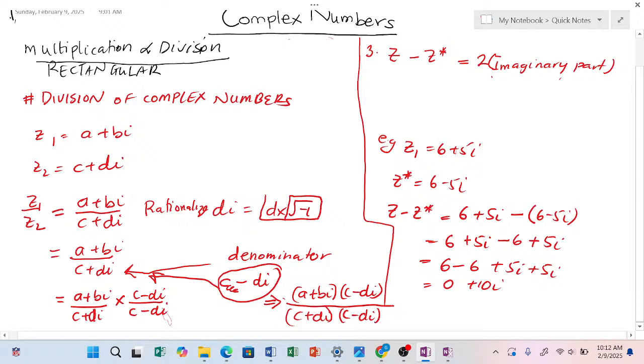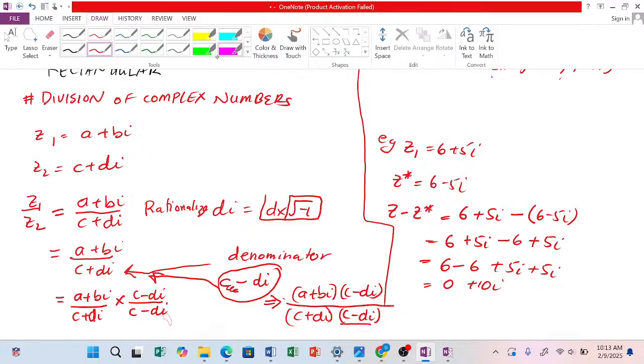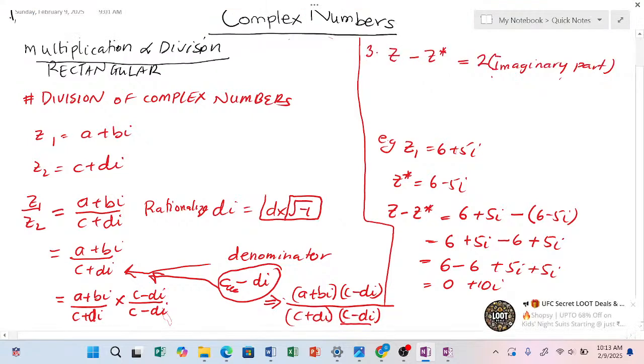What can you see down here? You could see a complex number being multiplied by its conjugate.